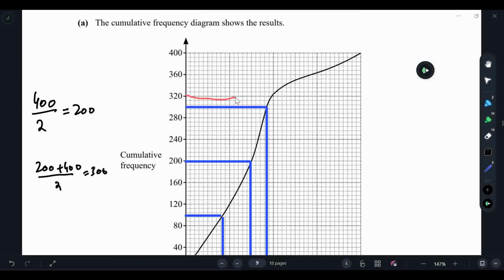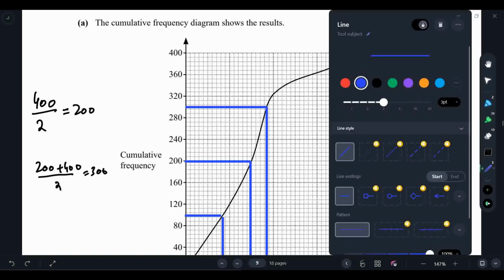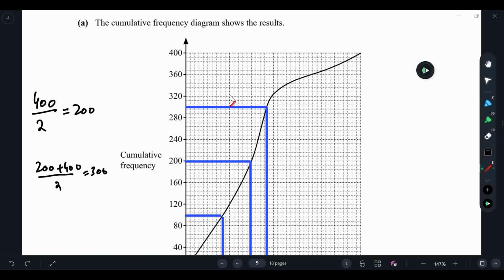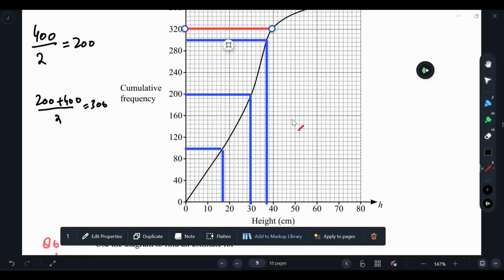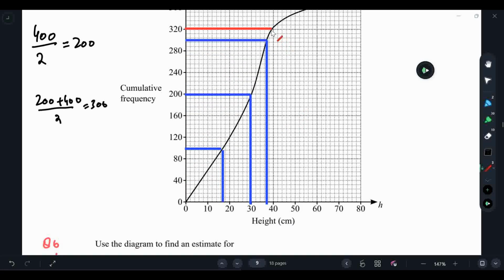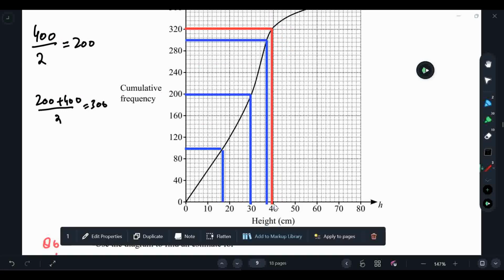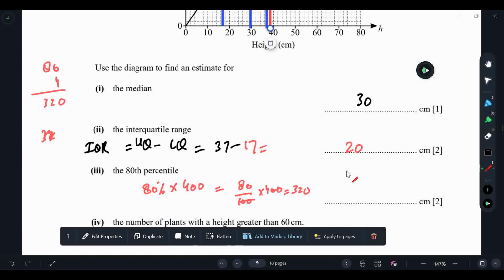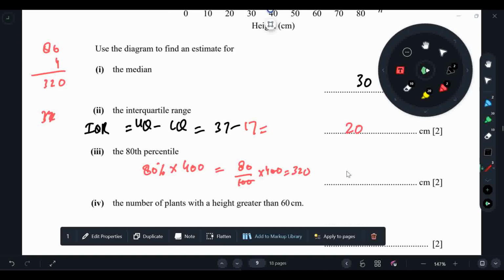This is between these two lines, almost 0.5 blocks away from 40, which means that this will be 39. So the 80th percentile will be 39.